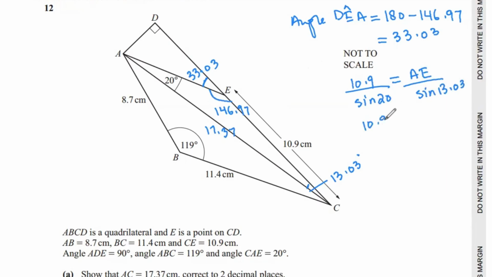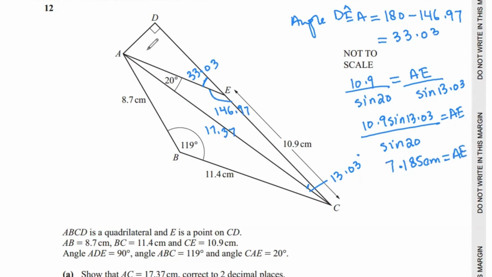So 10.9 times sine of 13.03 divided by sine of 20 equals the length of AE, and that equals 7.185 centimeters for AE.